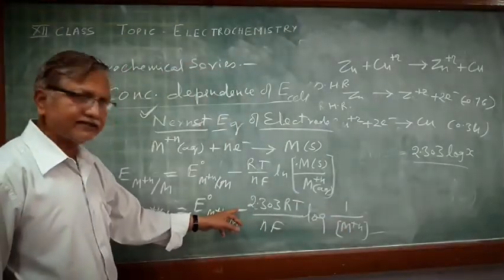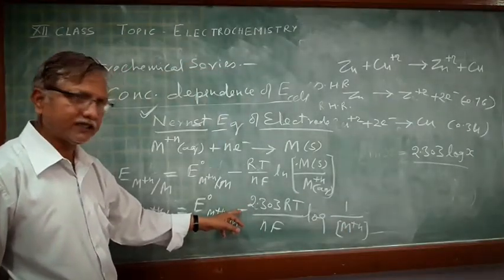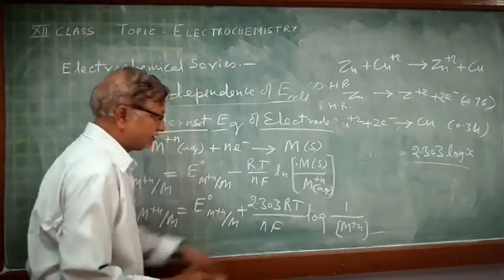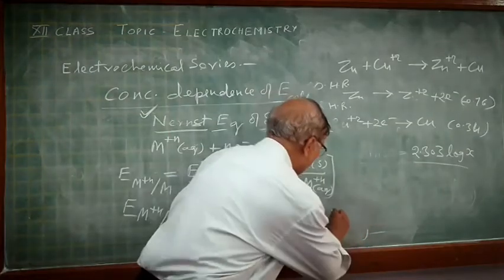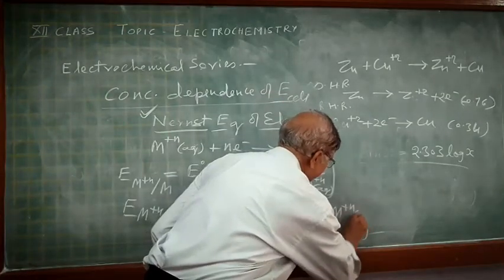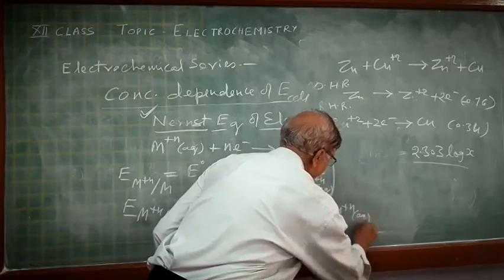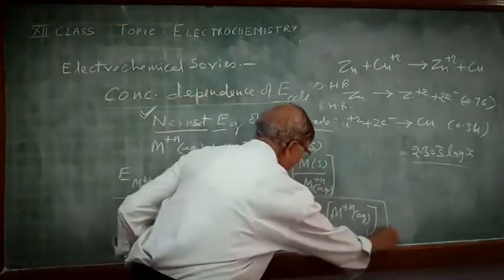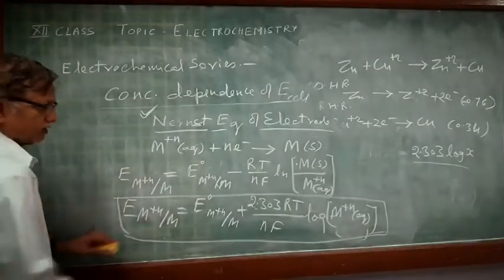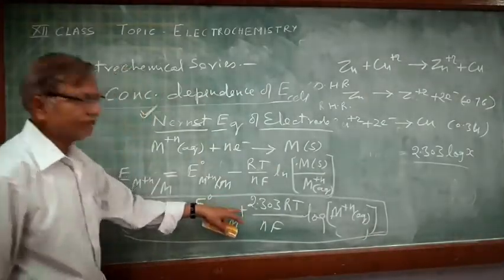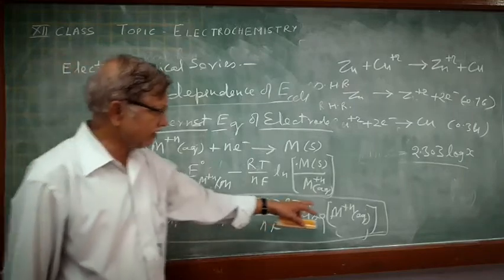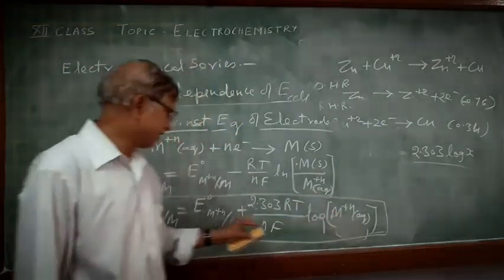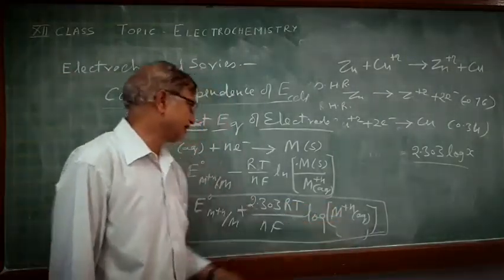If we change the sign from negative to positive, then we can change it to log of M ion concentration. So this is a very simple equation. You can write it in two forms: one form with a negative sign, another form with a positive sign. With the positive sign, we can take directly the concentration of metal ion. If you take negative, it is 1 upon metal ion concentration.